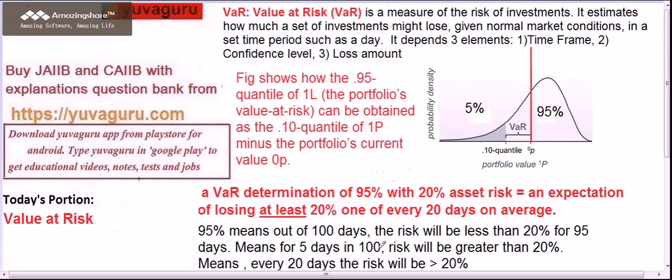Now out of 100, 5 days means what? We'll divide 100 by 5, which means out of 100 there would be 5 days in which my risk would be greater than 20%. Then I'll divide this 100 by 5 and we get 20 days, means every 20 days my risk would be greater than 20%.